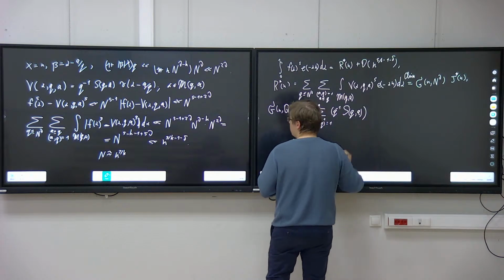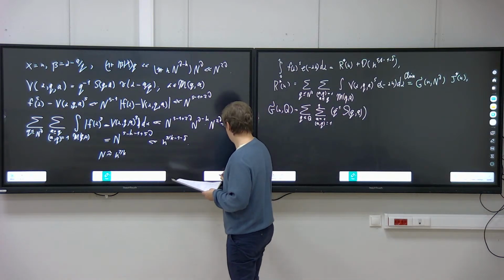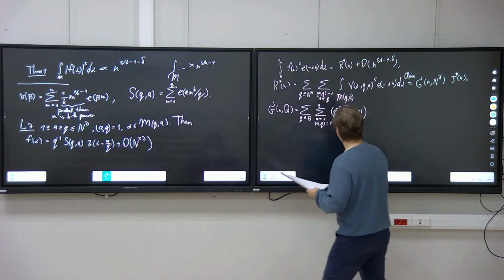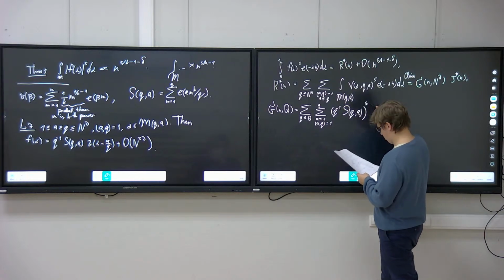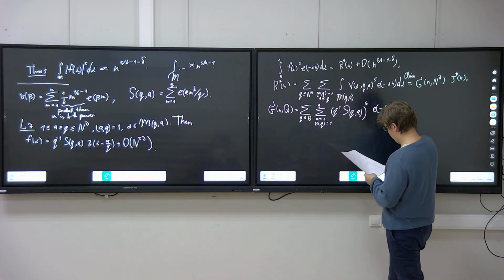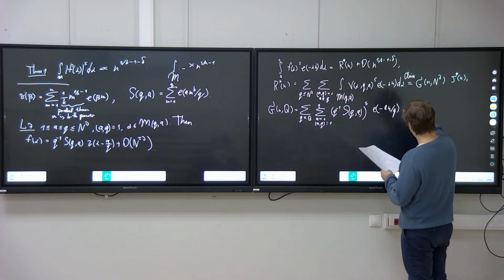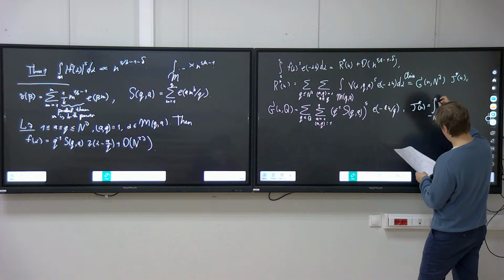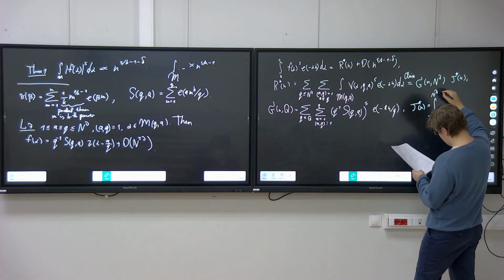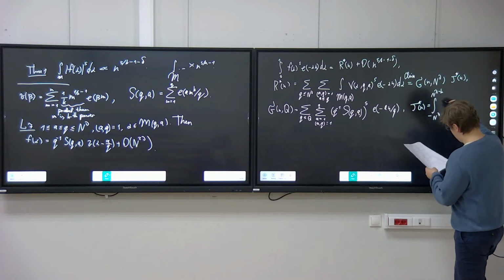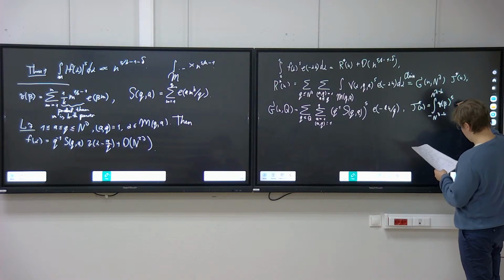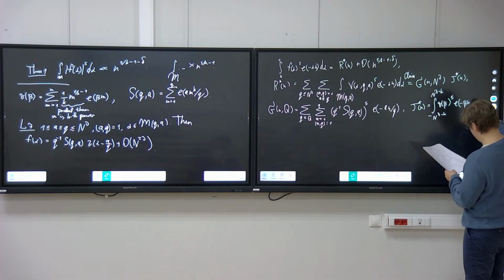So here will be our S(q,a), with the definition, I remind you, to the power s, exponent of minus an over q, and g star will be the integral from minus n to the power nu minus k to n to the power nu minus k of v of beta to the power s, exponent of minus beta n, d beta.